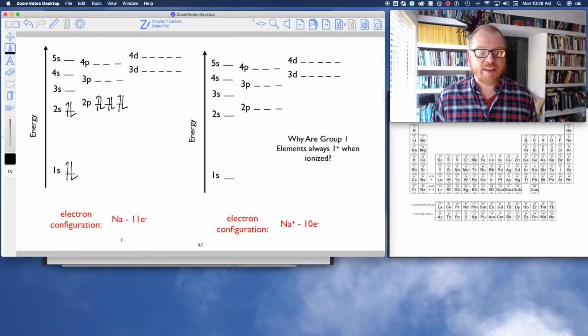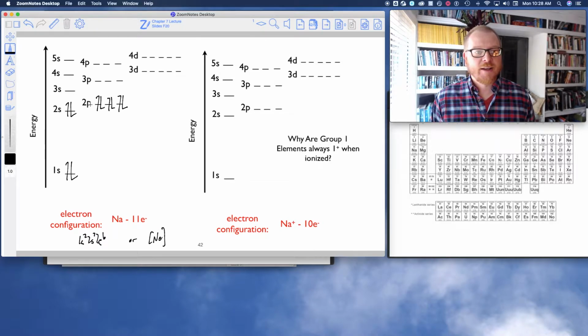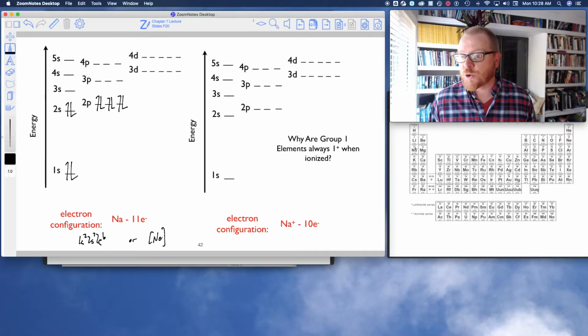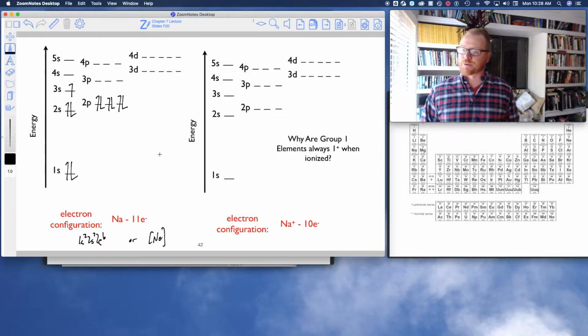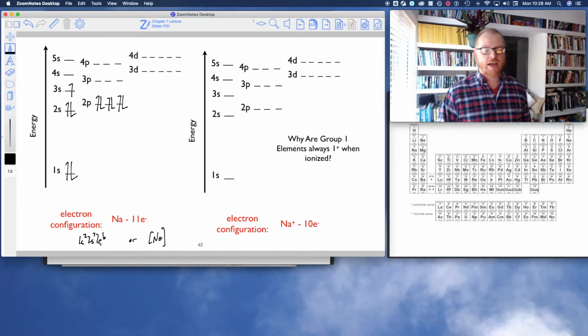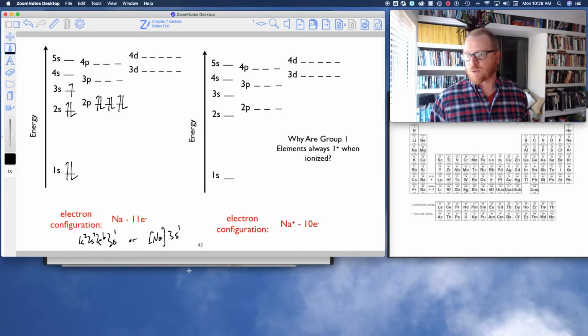So all of that right there, sodium with 11 electrons, I could write as 1s2, 2s2, 2p6, or I could just simply write that as neon. But now I've got 11 electrons, right? That one extra electron is a 3s electron, right? That's the next level. So there it is, okay? So 1s2, 2s2, 2p6, 3s1, or just simply neon 3s1.